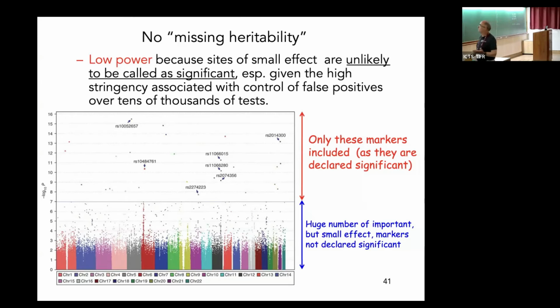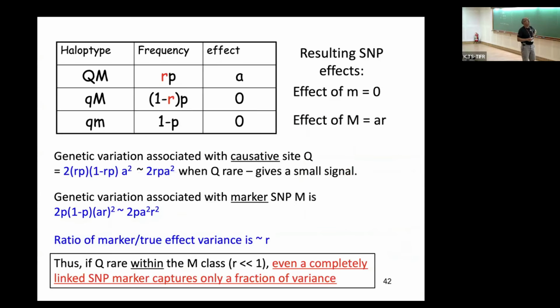Well, number one, you've got all these markers down here which don't rise above that really stringent Bonferroni correction threshold, but these are probably biologically relevant, so you're missing all these. Number two, even if you put these in, they only pick up R squared of the actual causative variation. If there's a big mismatch between the marker frequency and the causal frequency, R squared is going to be small. So it's not at all surprising you had missing heritability.